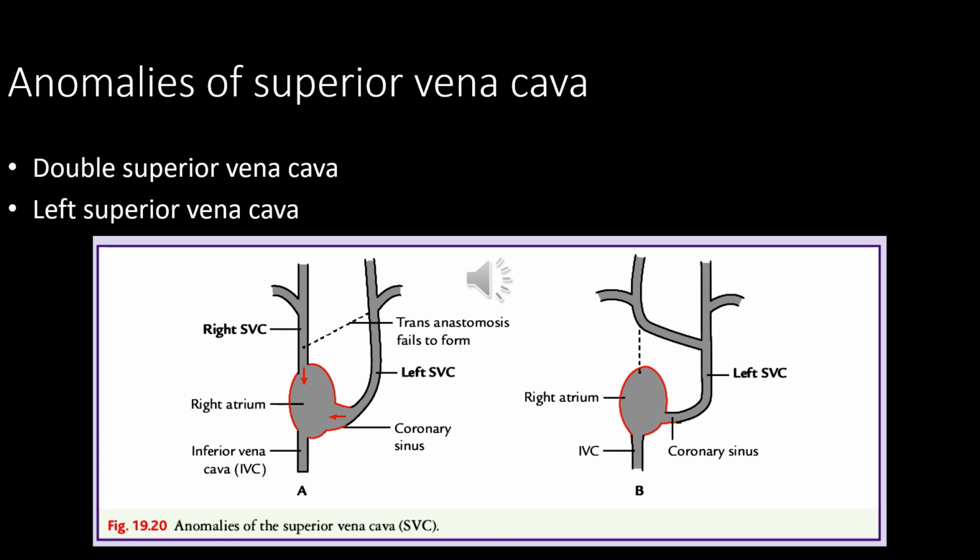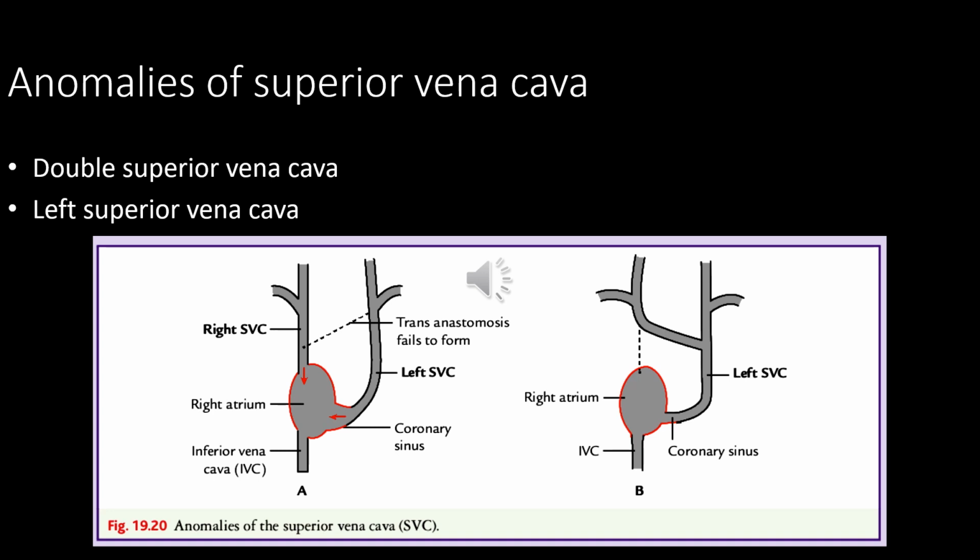And sometimes the right superior vena cava, that is the anterior cardinal vein, will disappear, and the oblique channel that is supposed to connect remains. So both the upper limbs will drain their blood into the left superior vena cava, and it will open into the coronary sinus. It should not matter really.